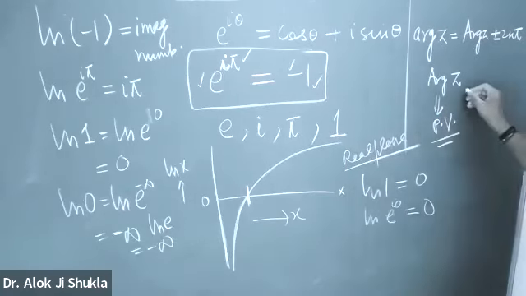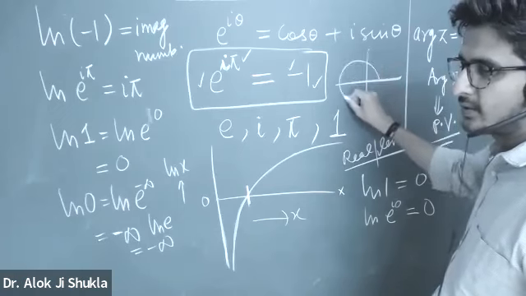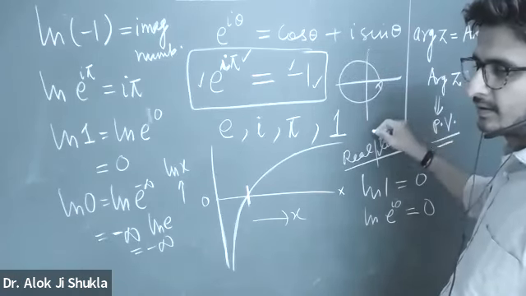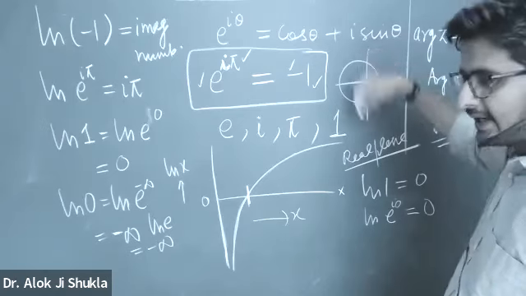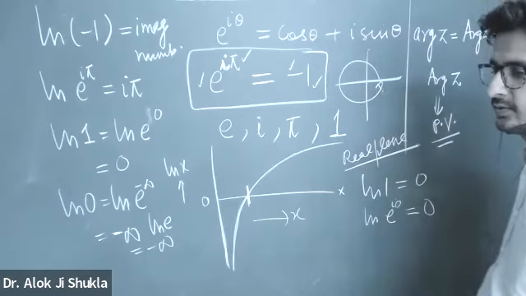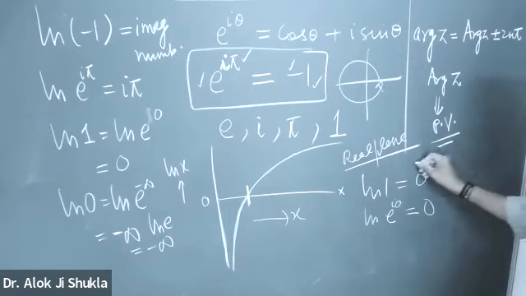Because suppose this is the Argand plane and you have taken only this much rotation. Yes, sir. So all values will be principal, right? Yes, sir. If you take so many rotations, then only you will get to have other values, right? Right, sir. Principal value unique bhi hai because you have bounded it between this.